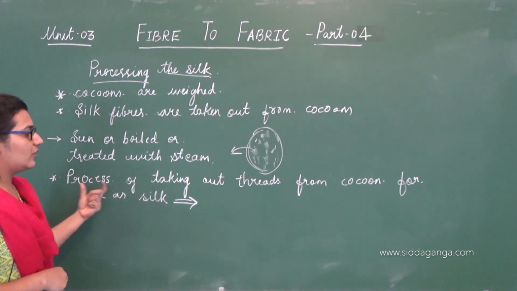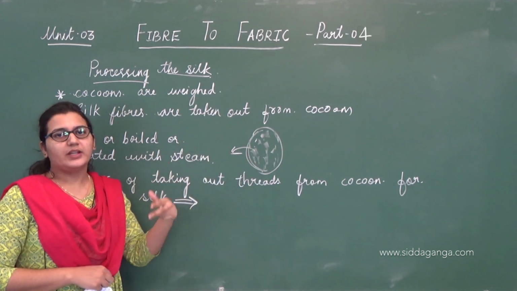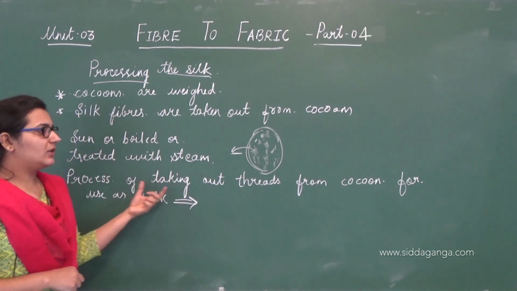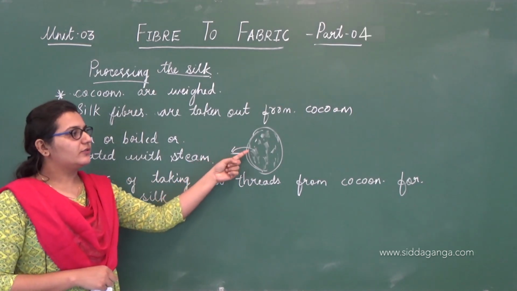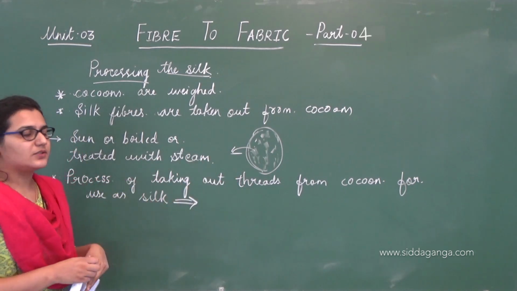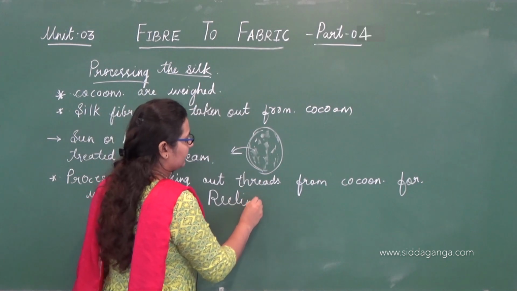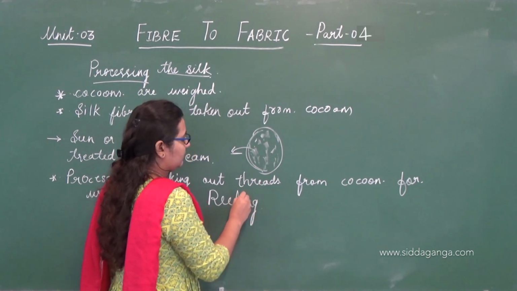We know that from the cocoon we take out the fibers to make the silk, right? So the process of taking out threads from the cocoon for making the further silk is called reeling of silk. Do remember the term reeling.